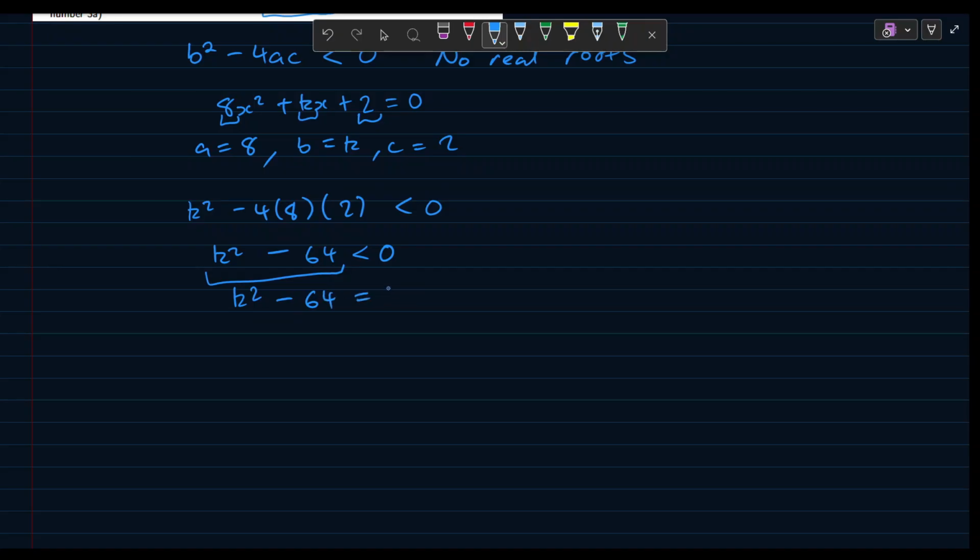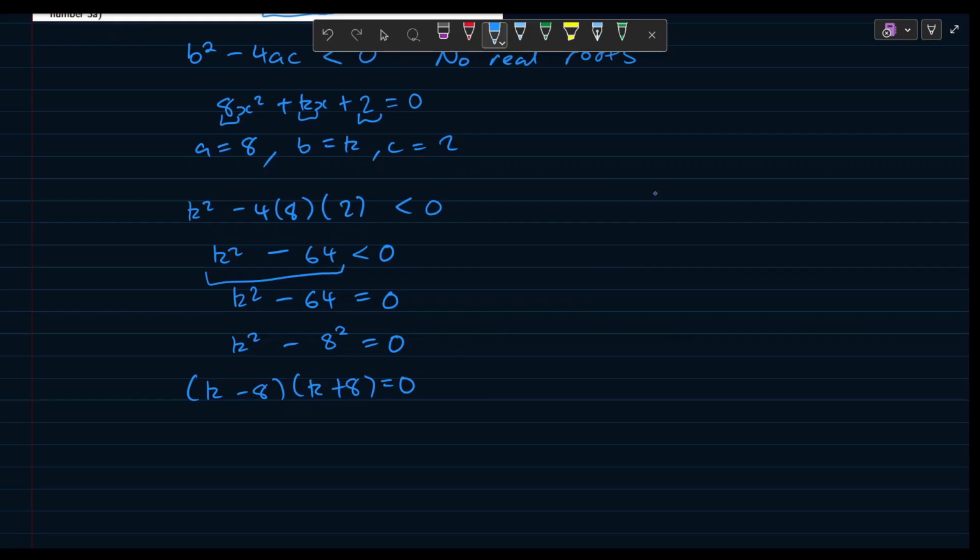So k squared minus 64 equals 0. This actually happens to be a difference of 2 squares because we can write 64 as 8 squared. And so this allows us to then factorize this as k minus 8, k plus 8 is equal to 0.